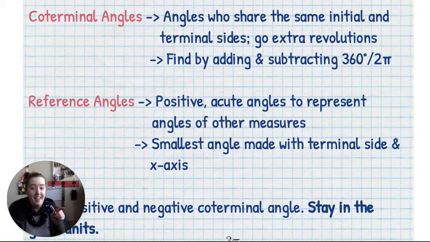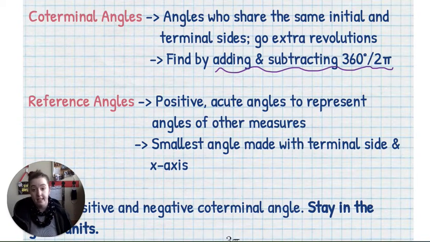Basically, if we go around the circle again, we're going to end up at the same spot. Or if we go reverse in the circle, we're going to end up in the same spot. So to find coterminal angles, you're going to add or subtract 360 or 2 pi, depending on whether you're in degrees or radians. Make sure you always stay in whatever units you are given, okay?